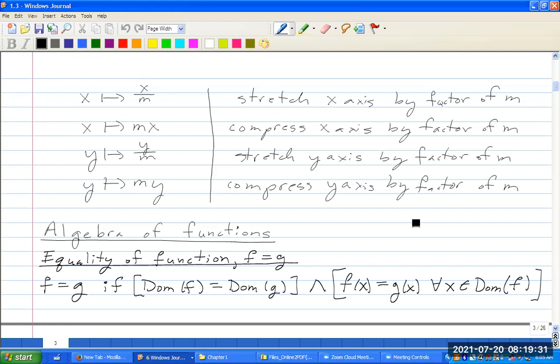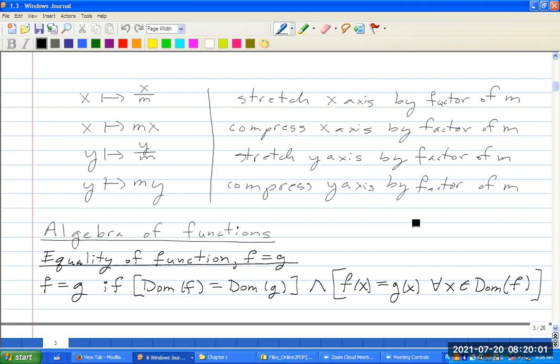If I multiply by a scalar, all x's are replaced by some scalar multiple of x, then I will either stretch or shrink the x-axis. If the factor is greater than 1, I'll shrink it. If it's less than 1, I'll stretch it.